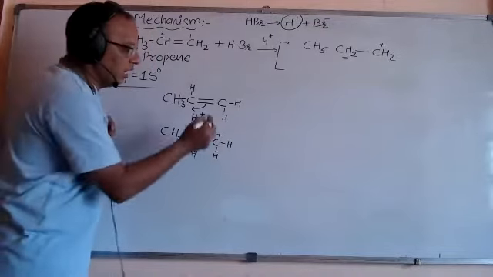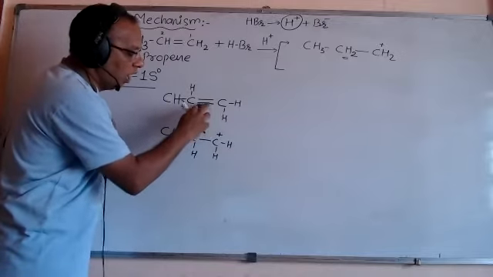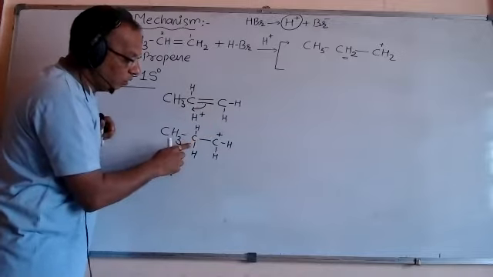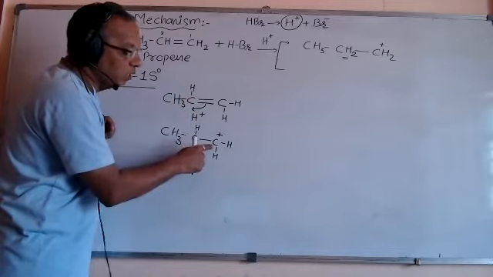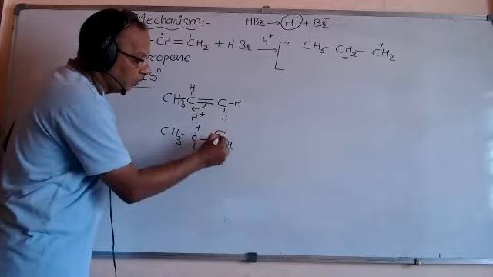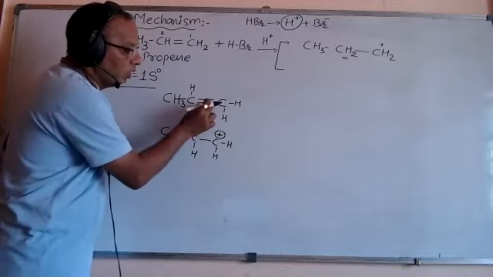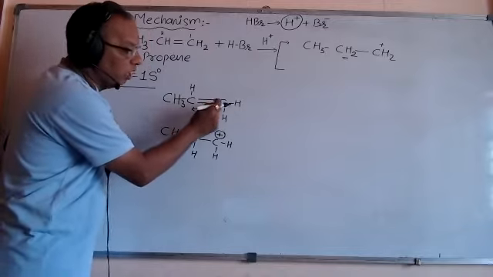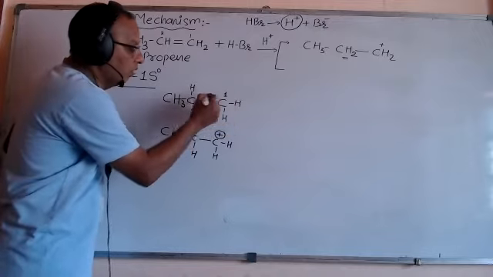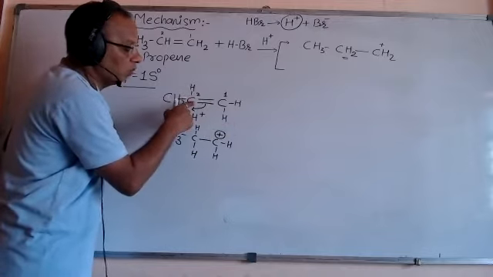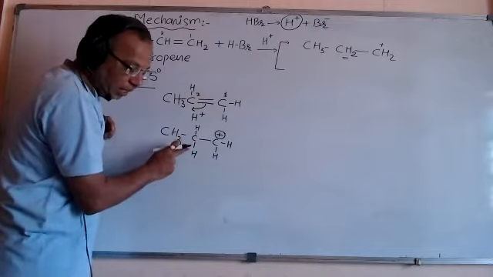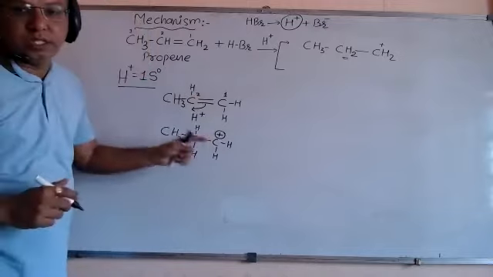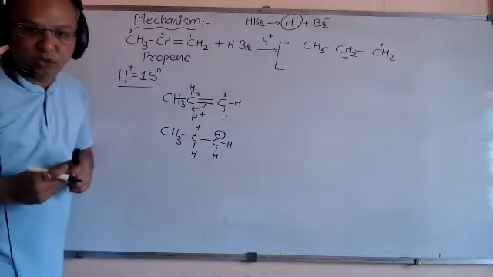One more reason is that these two electrons are now on carbon number 2, and that's why this carbon will be positively charged. Here two electrons were present, one electron of carbon number 1, one electron of carbon number 2. Both electrons have now moved onto the second carbon, that's why this has the positive charge.